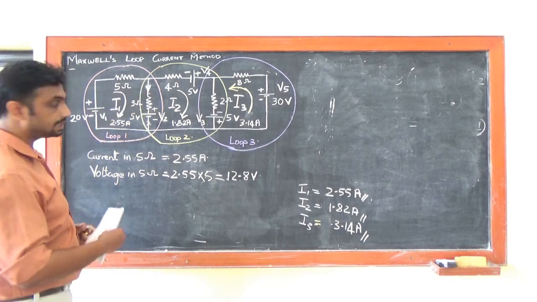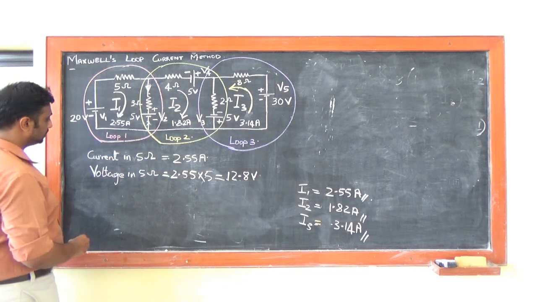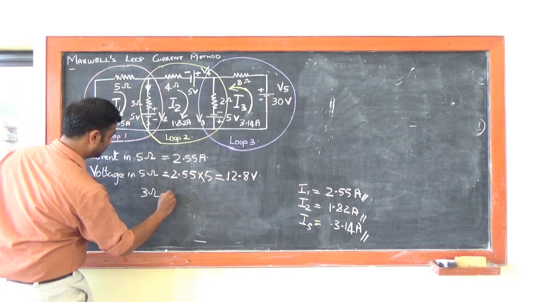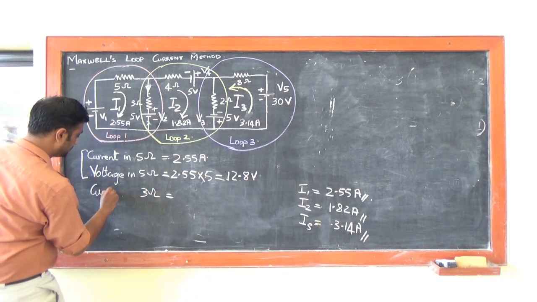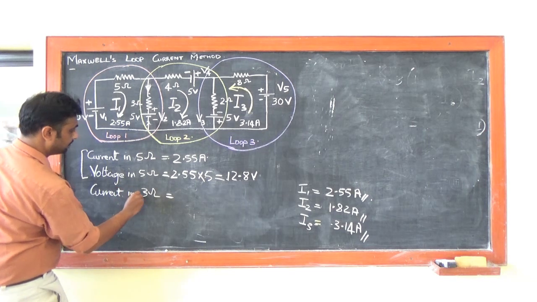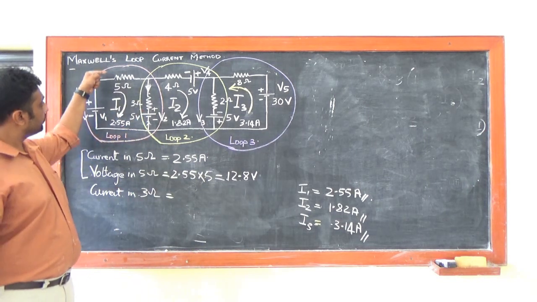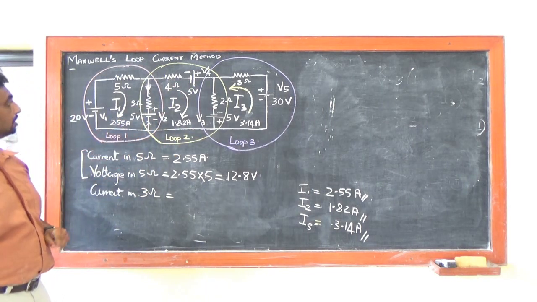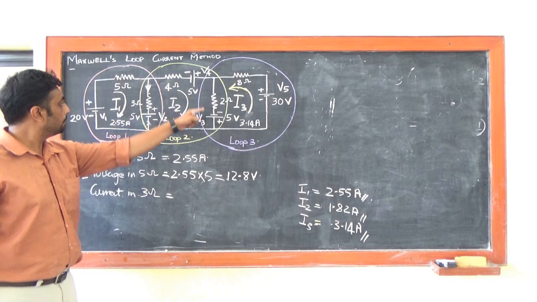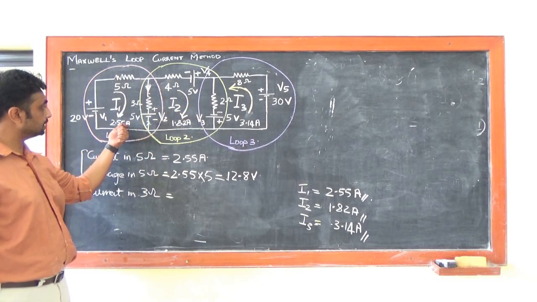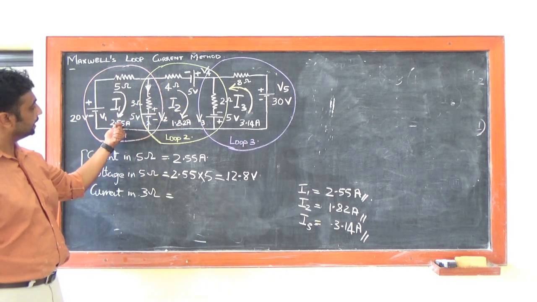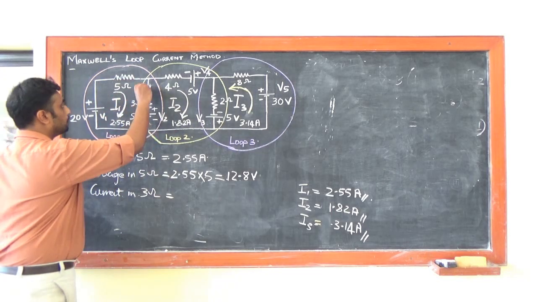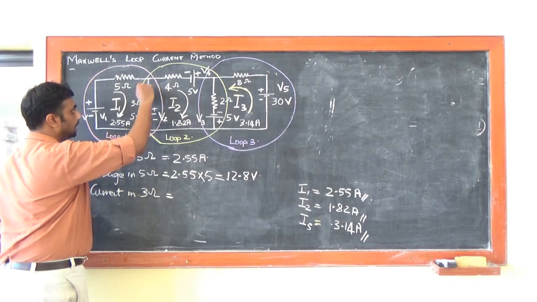Now we will go for the second section, the 3 ohms resistor. Now in the 3 ohms resistor we have I1 flowing here and we have I2 flowing from here. So it will be I1 minus I2. Why I1 first? Because I1 has a higher magnitude. Again, put the direction; this direction is important.